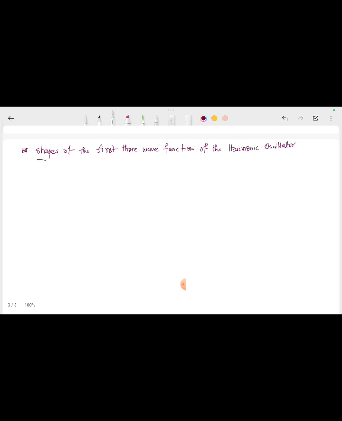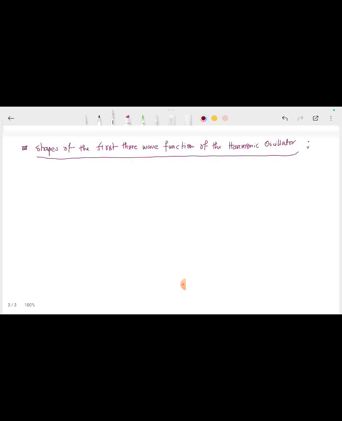Okay, shape of the first three. Just take a heading.